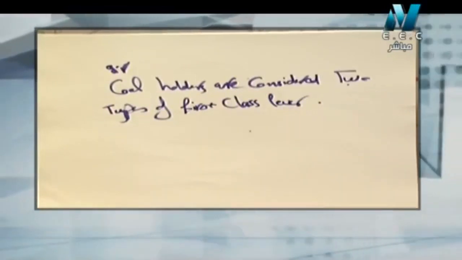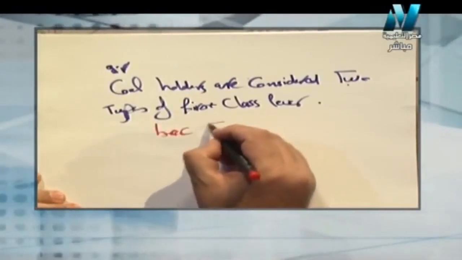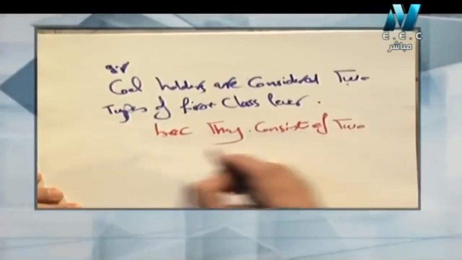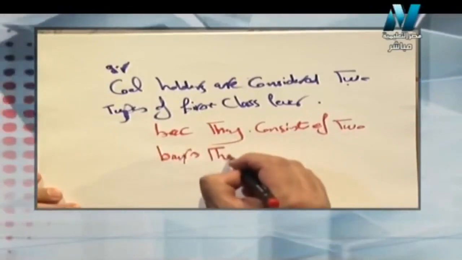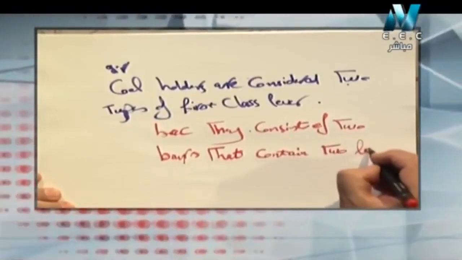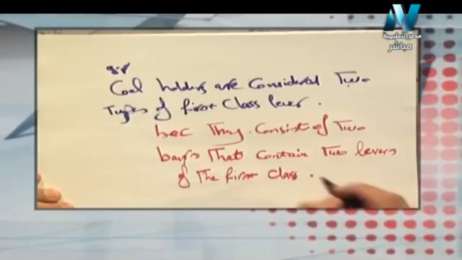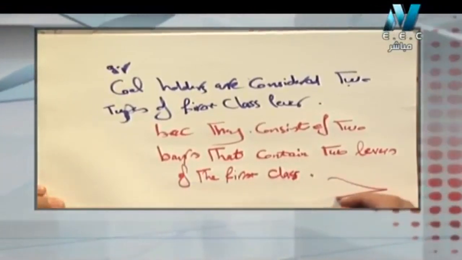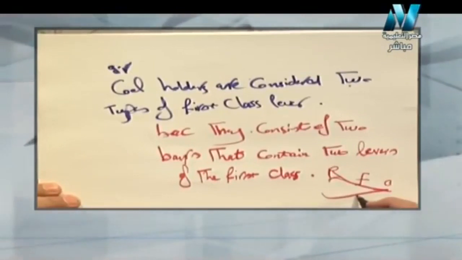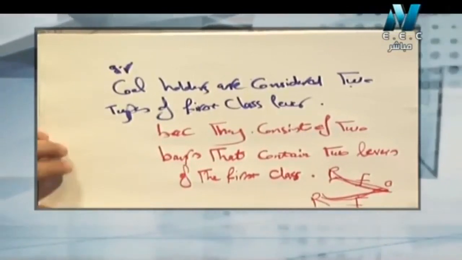Sure, they are two types of lever because they consist of two bars, like scissors exactly, that contain two levers of the first class. Okay, let's look at its drawing again. The drawing was like this. It is two bars, and each bar I consider first class because it has F R O. The same thing, F R O. So it is two bars, meaning I consider it two levers of the first class, or two bars of the first class lever.